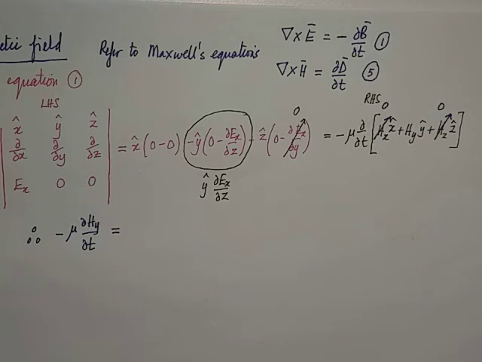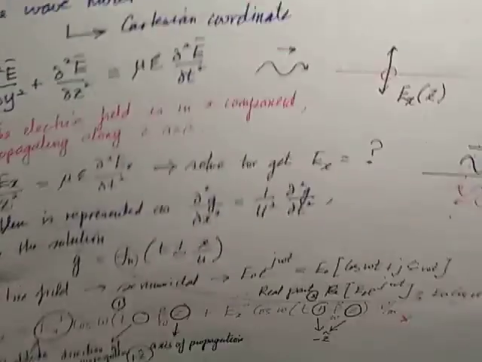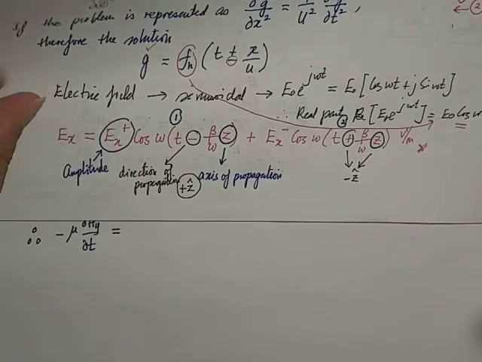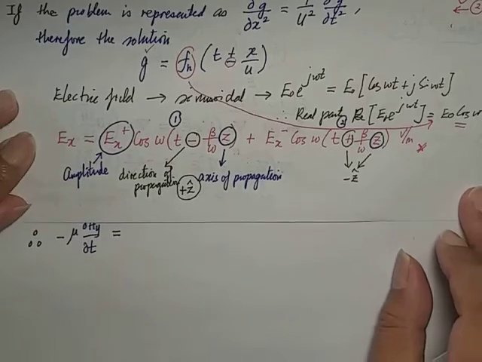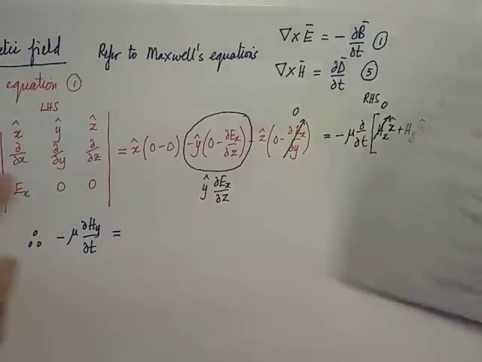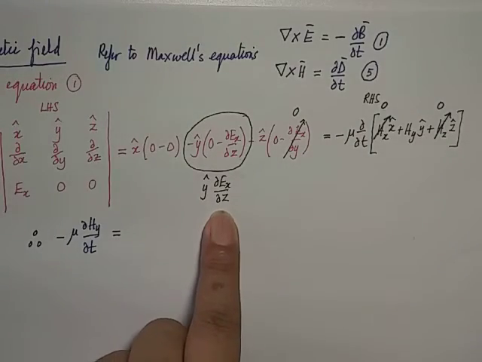That should be equal to our solution from before. We need to differentiate with respect to z, correct?